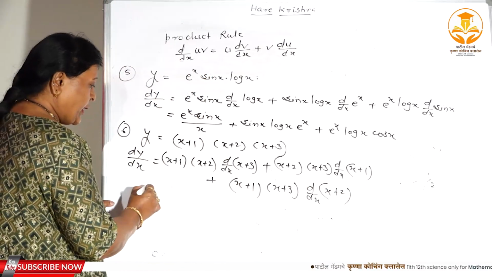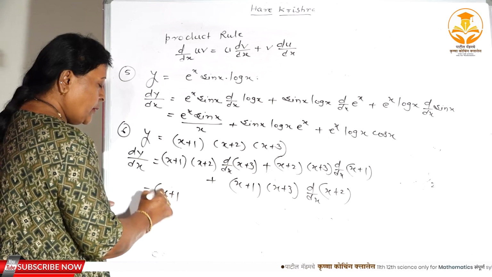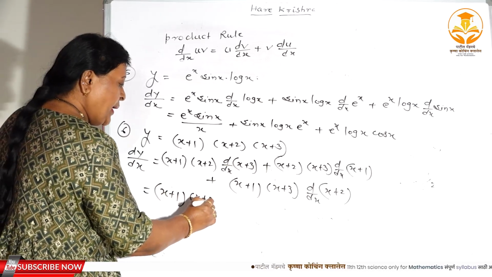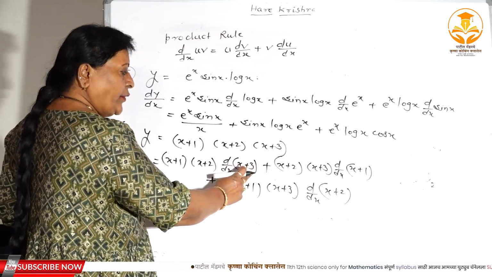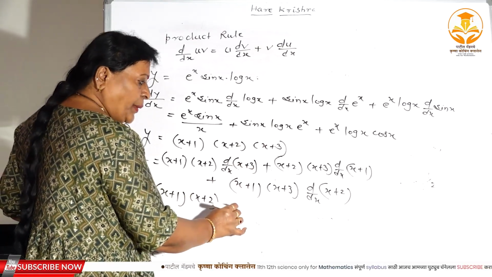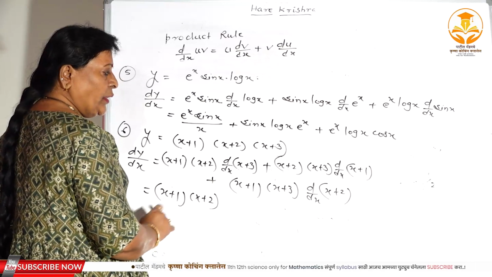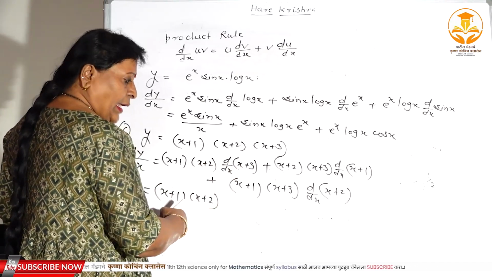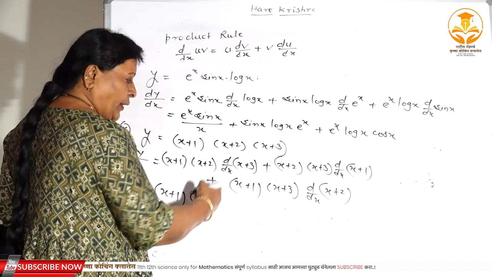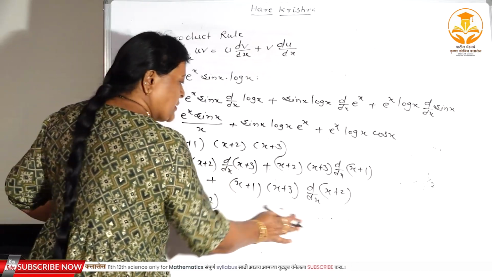Right? Here again x plus 1, x plus 2 remain as it is, the derivative of x is 1, the derivative of 3 is 0, 1 plus 0, that is always equal to 1. Therefore no need to write anything. If you write 1 then there is no difference, isn't it?